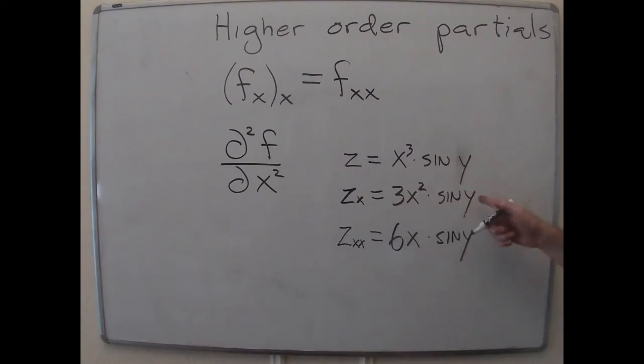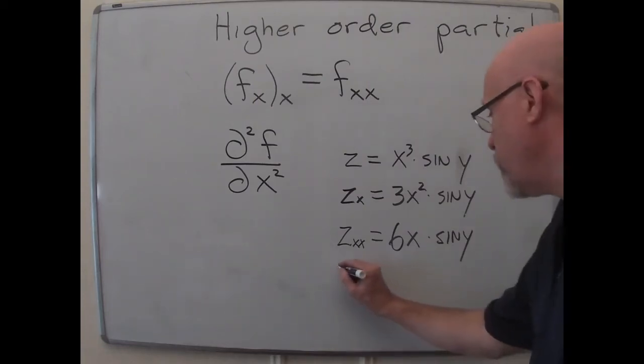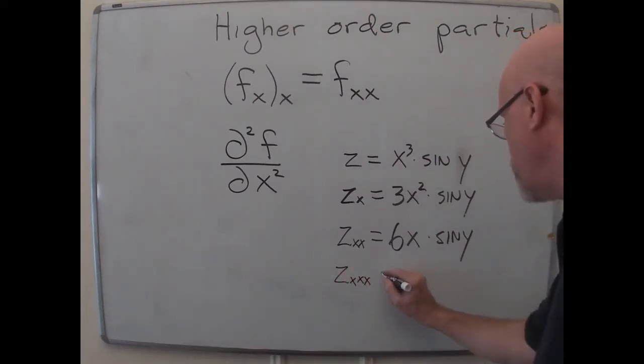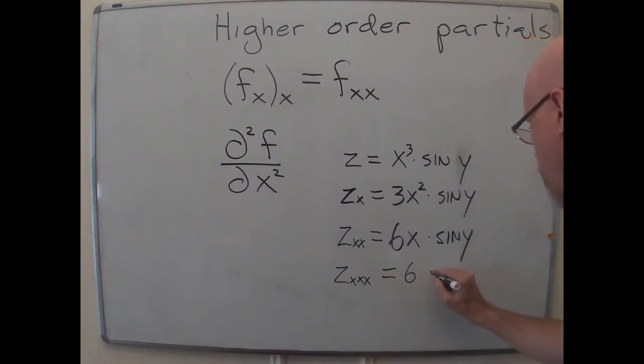But that would mean the whole thing was 0, and that's not what we're after. We're not taking the derivative of this thing. We're treating it as if it was just a number, and so it's a constant multiple of something that's got a variable in it that we're actually differentiating with respect to. I could actually do this one more time. You could have z sub xxx, which would be 6 times sine y.